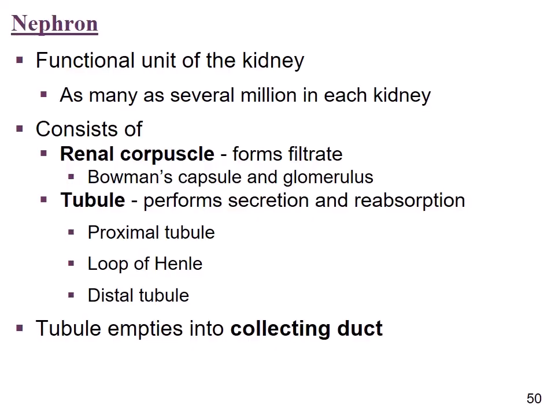We break the tubule down into the proximal tubule, the loop of Henle, which is sometimes called the nephron loop, and the distal tubule. Sometimes you might hear the proximal tubule called the proximal convoluted tubule, and the distal tubule called the distal convoluted tubule, because they're twisty and convoluted. The tubule then empties into the collecting duct.